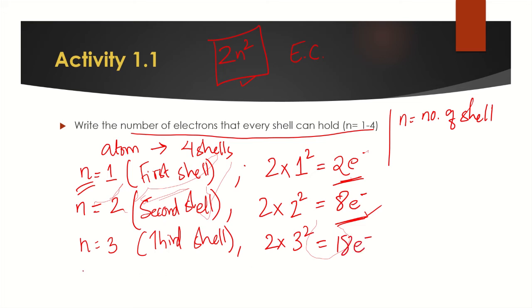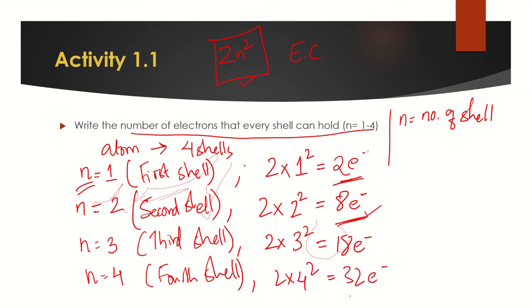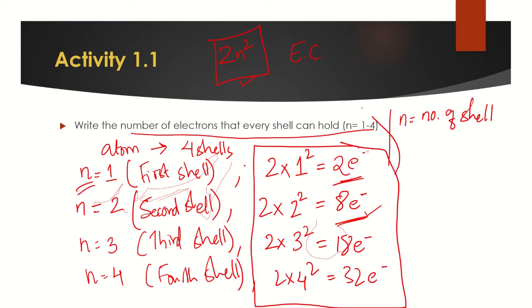The third shell will hold 18 electrons, and the fourth shell will hold 32 electrons. So this 2n square rule will help us to write electronic configuration, and we have already learned electronic configuration is the distribution of electrons. In this way, we'll be able to distribute electrons.